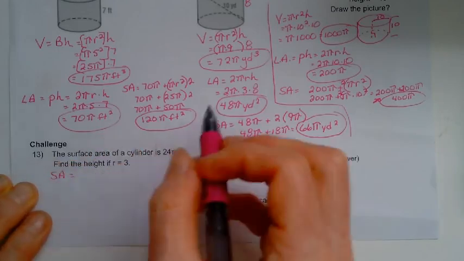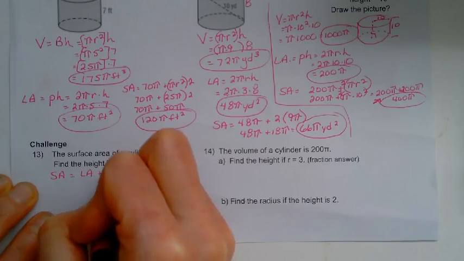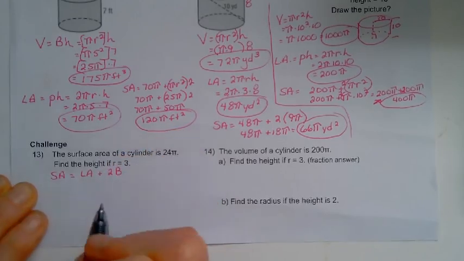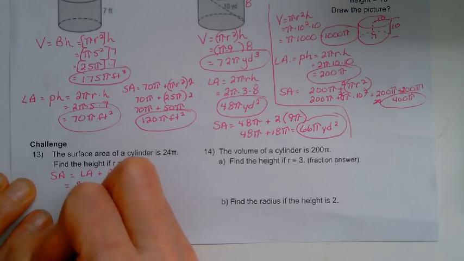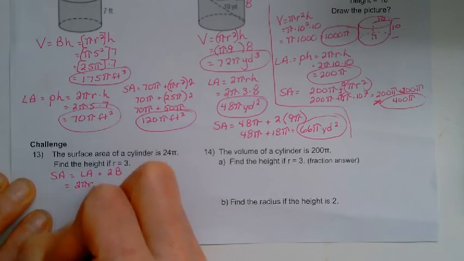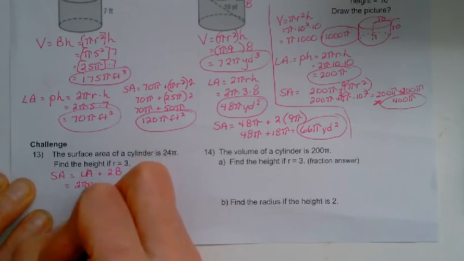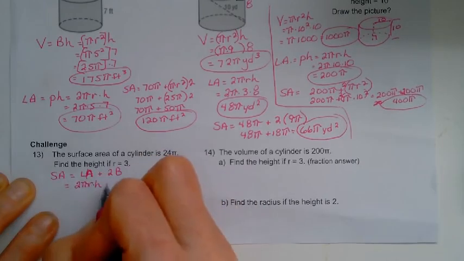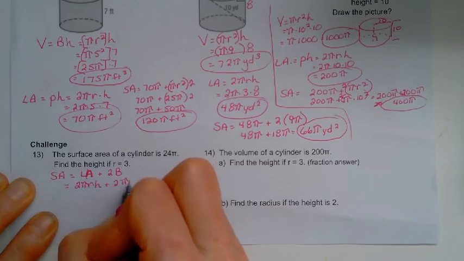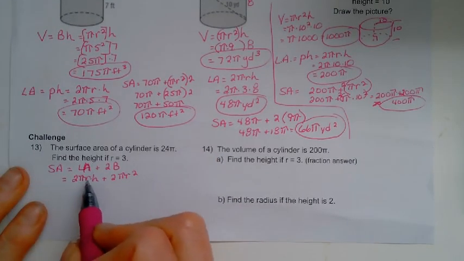So that's equal to, well, the lateral area was circumference, so 2 pi r times h, that's the lateral area, plus 2 times pi r squared. So the lateral area is the circumference times the height, and the bases are pi r squared times 2. That will give us the total area.